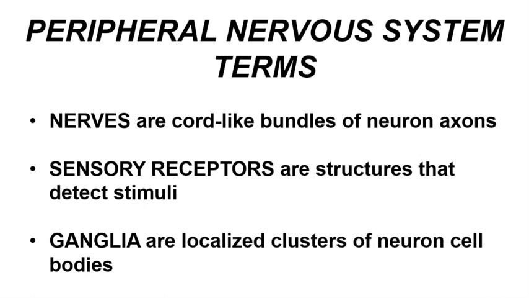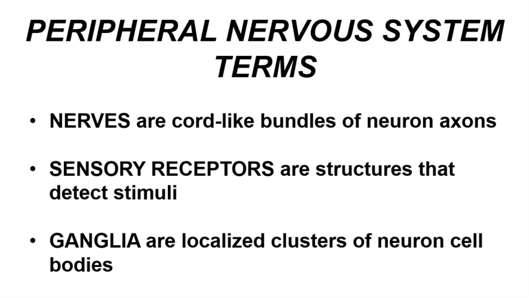So let's discuss those peripheral nervous system structures for just a moment. The nerves are the cord-like bundles of neuron axons, and these nerves will transmit information to and from the central nervous system. So you can kind of think of the neuron axons as the individual little fibers in the nerve bundle, and each of those neuron axons will sometimes carry different types of information to or from the central nervous system through the nerve.